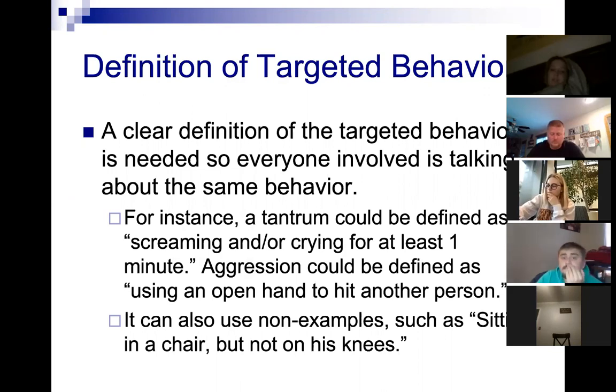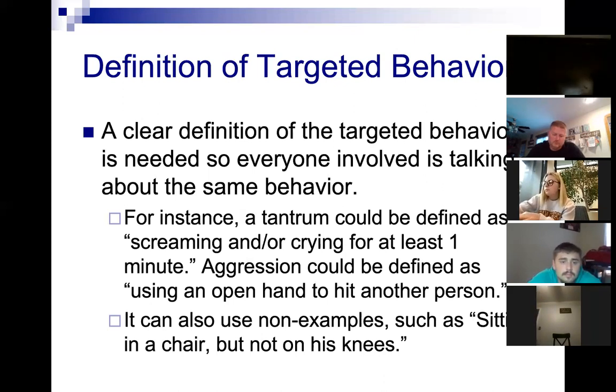So things like will appropriately do something or at appropriate times. So I might think it's completely appropriate to do that while the teacher's talking, but maybe the parapro is like, no, it's not. So you need to really be very specific in your language use, pinpoint it. So anybody that comes in that's taking data on the student that day will know exactly what you are talking about. That way you get really great data when you're progress monitoring.